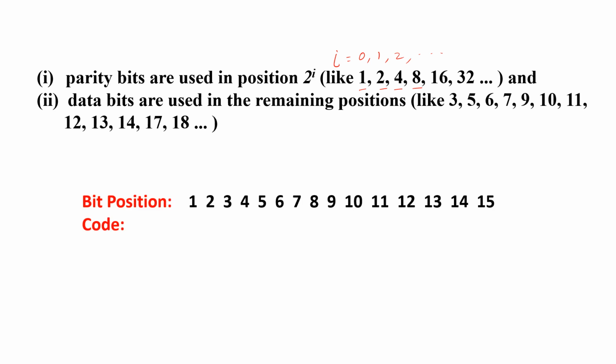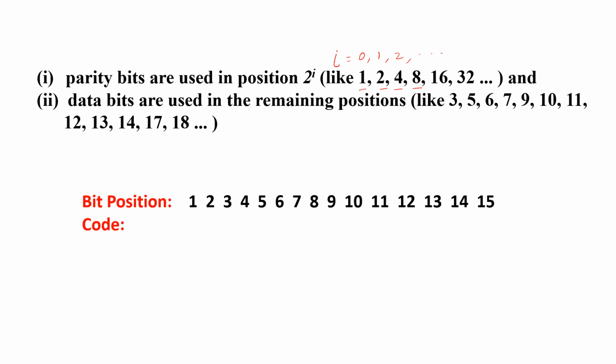Now we'll see in which positions we have to write the parity and data bits. For example, consider a Hamming code of length 15. There are 15 bit positions, and the length of the code is 15. We'll write in which positions the parity bits will come and in which positions the data bits will be used.